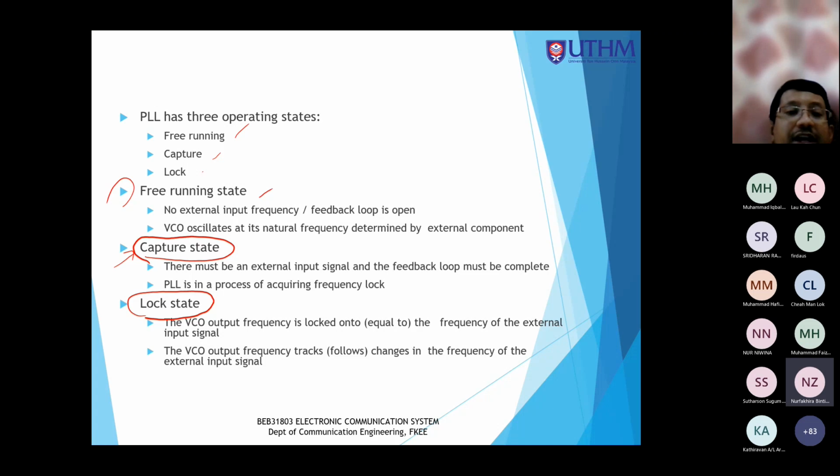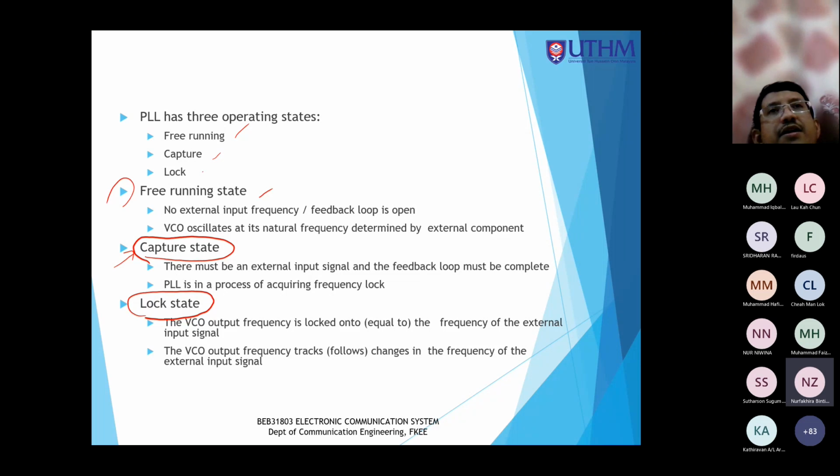Okay, this explanation can be seen from this block diagram. So again, maybe I want to repeat. Free running state means that there's no input to the receiver. The receiver has no input, which means the oscillator runs at rest frequency. And then the capture state means that we have the input to the receiver. So the receiver now has the input. We don't know about the input; there are many frequencies at the input of the receiver.